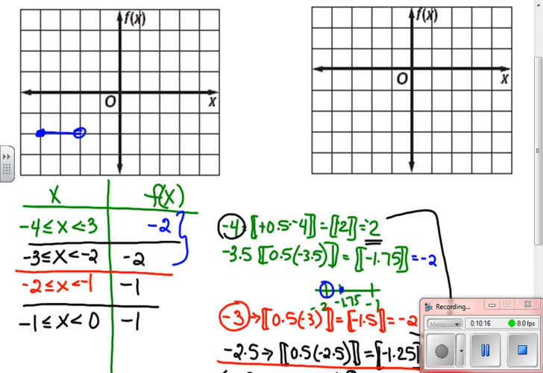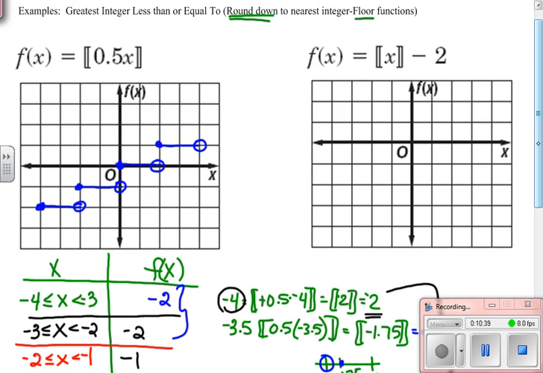That covers those two. And then the next interval is from negative 2, but my output was negative 1, up to but not including 0. So my next interval should start here and continue. And my next interval will start here, 2 units, and be open. And you can test values as you go along.